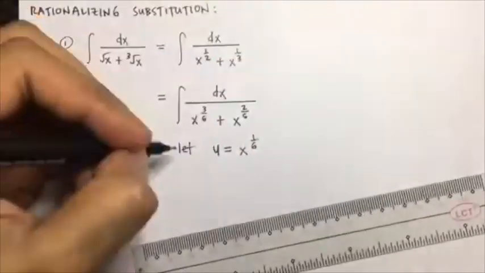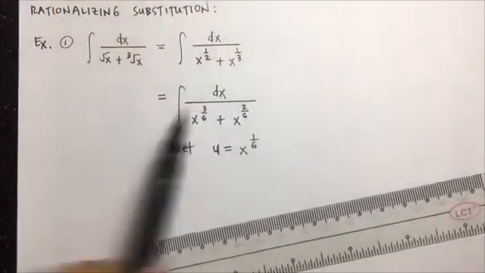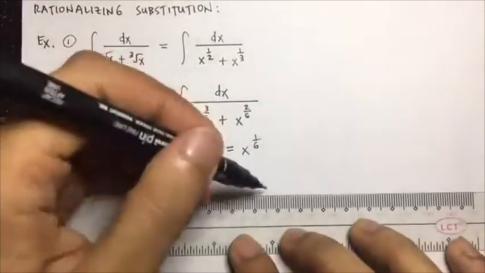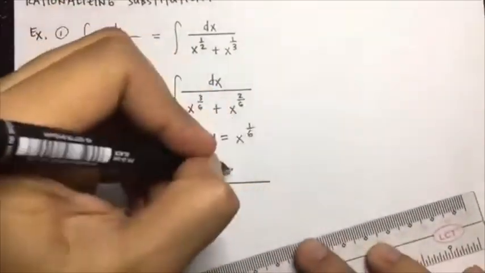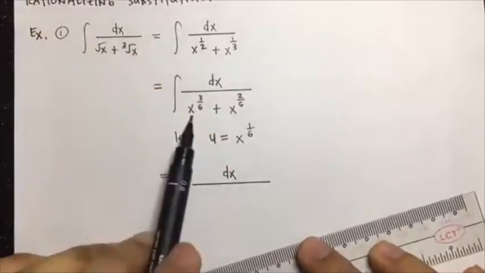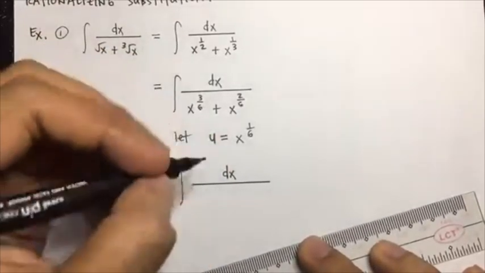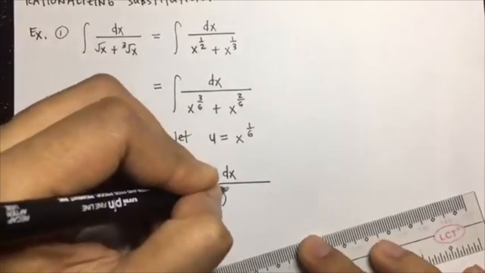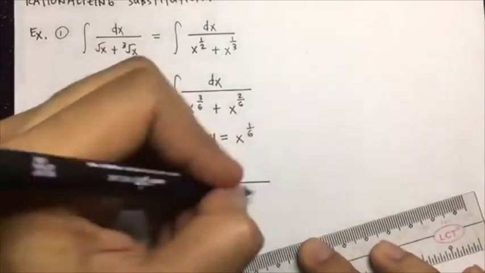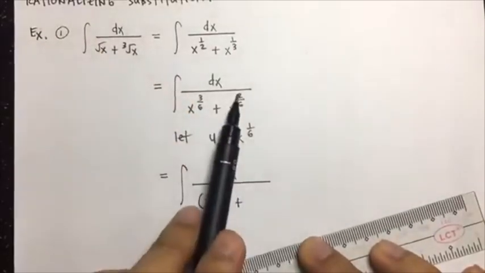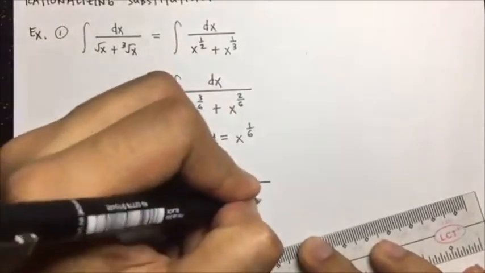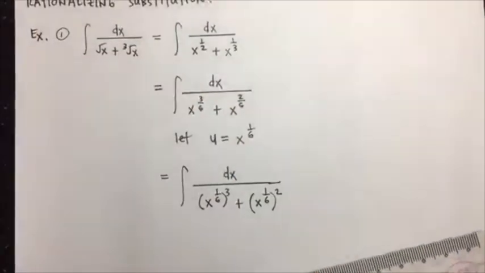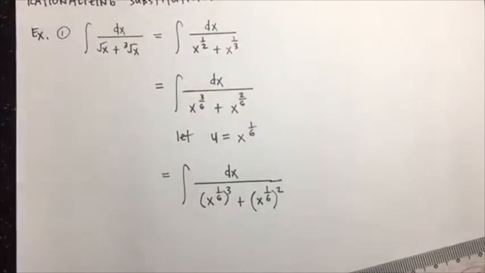This is also equal to the integral of, let's write it first before substituting: x raised to 3 over 6 is equal to x raised to 1 over 6 cubed, plus x raised to 2 over 6, which is equal to x raised to 1 over 6 squared.